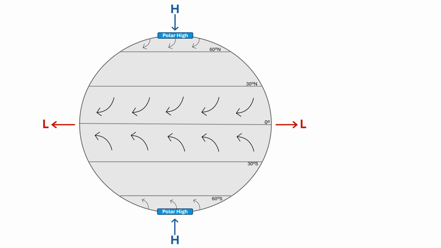Those winds are going to be heading towards the equator because that's where our low pressure system is. Because of pressure gradient force, our air is going to want to go from an area of high pressure to an area of low pressure. As it makes its way to the equator, it's going to continue being deflected in that direction.